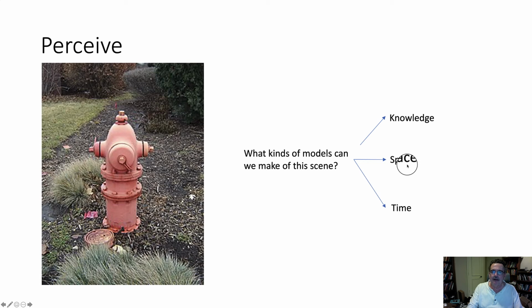A space-based model is something that looks like the fire hydrant. So you could think of the sketch as being kind of spatial in the sense that it looks a bit like the thing you're modeling. And also we could think of time. Every object really has time associated with it. It could be everything from the decades that pass and the rusting of the fire hydrant, something that occurs over time.